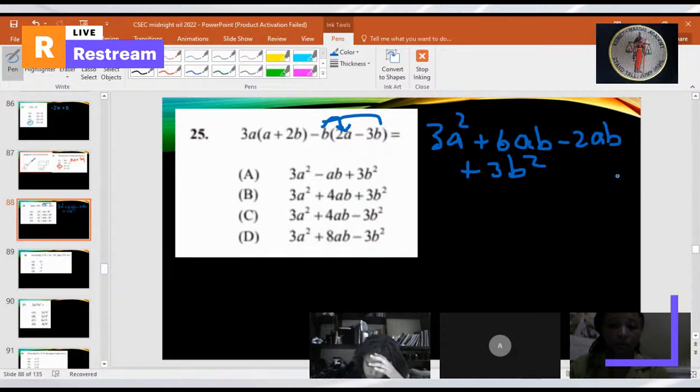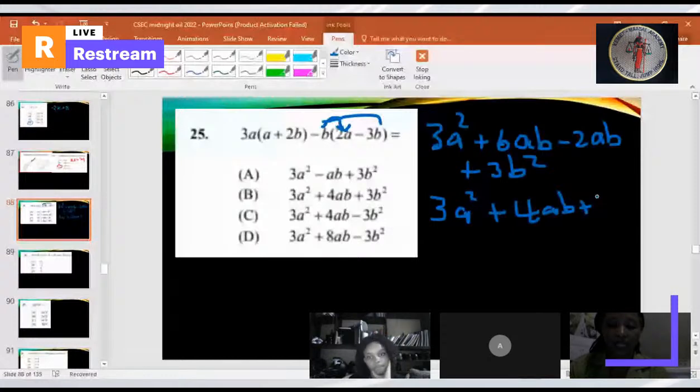So it would be the 6ab minus the 2ab, which would leave us with 4ab. So we write back the 3a squared and have 4ab in the middle. So 3a squared plus 4ab plus 3b squared. Which letter is that? Miss, that would be B.